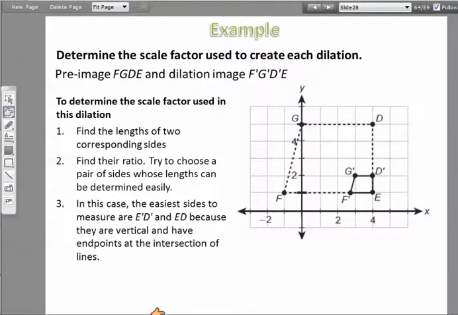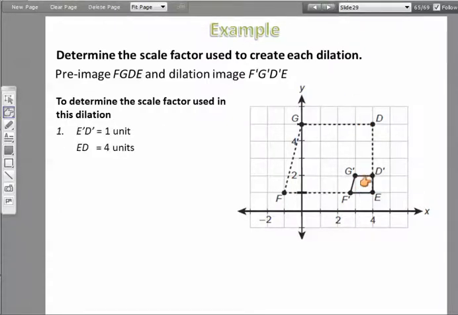So in this case, the easiest sides to measure are E prime D prime right here and ED, because they're vertical and have endpoints at the intersection of lines. See how it's the points right here at the intersection of these light gray lines. Okay, so that's the reason you want to pick that.